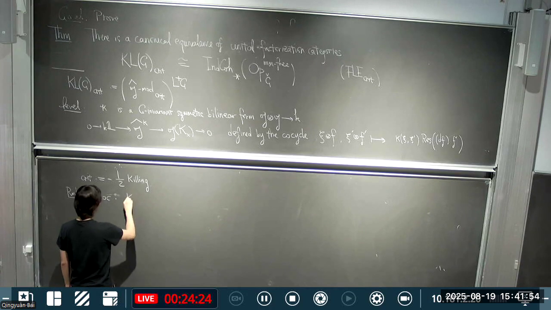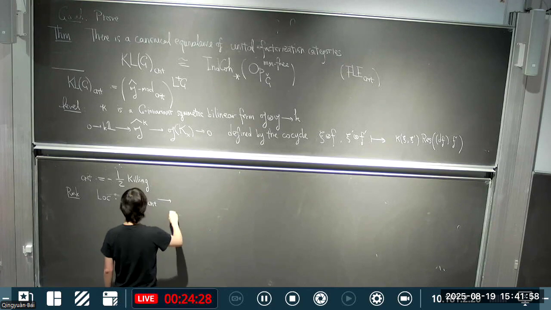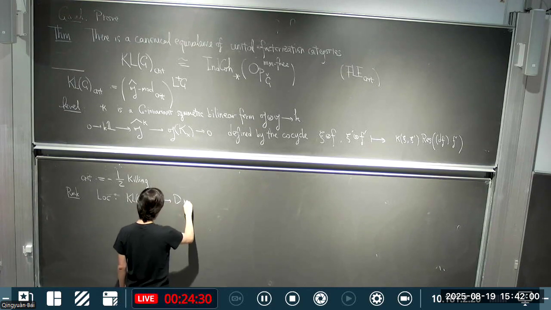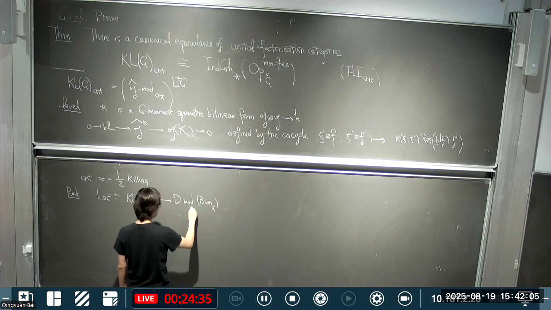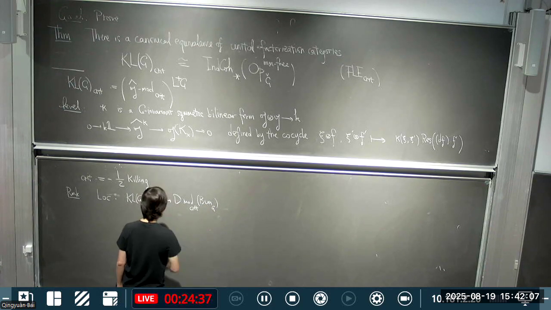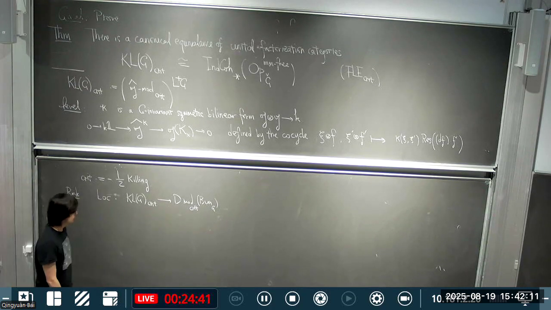That will go from Kac-Moody, and we'll apply it to the critical level, but it will not be valued by definition in the category of D-modules per se, but in certain twisted D-modules. So there is a twisted differential operator corresponding to crit.